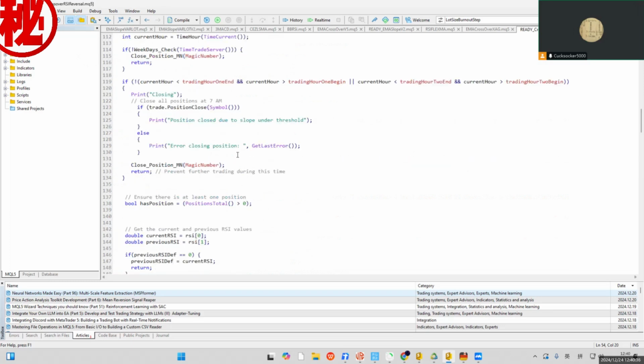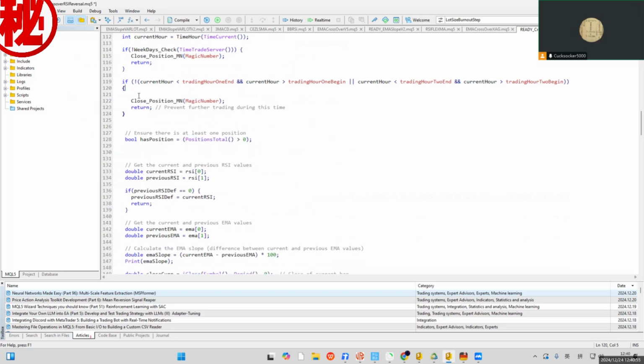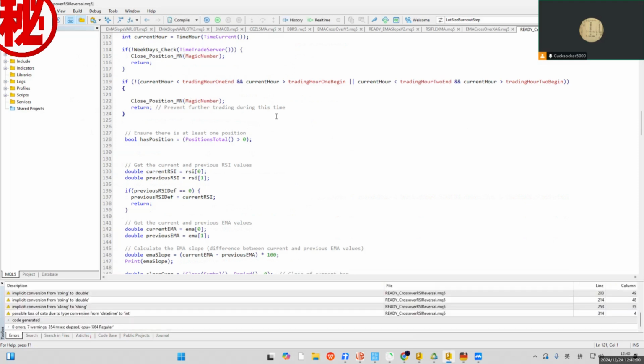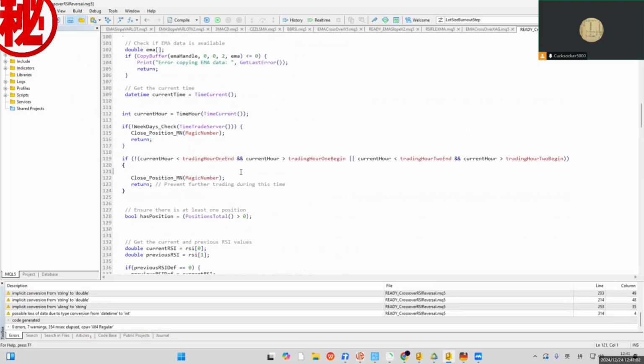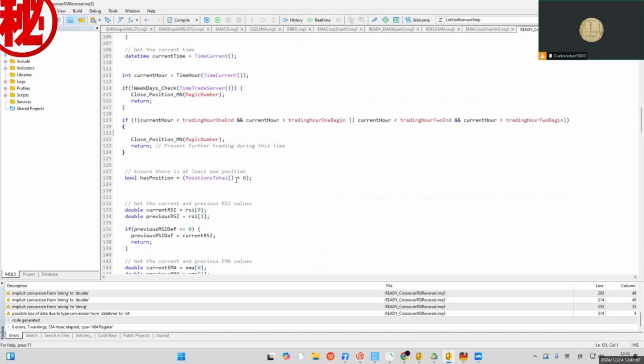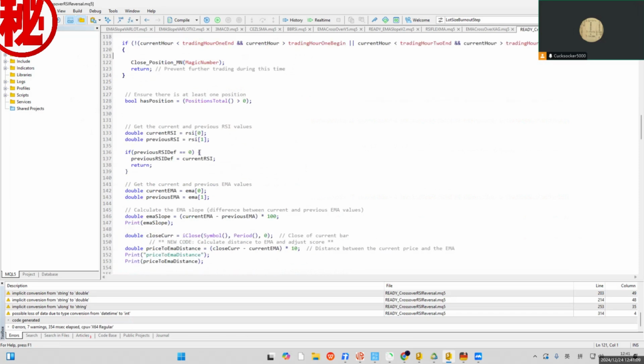But I'm probably not going to use this, because it closes all the trades without the magic number. So I'm going to remove that line and compile, because that closes all the positions, including the other EAs. I'm not going to do that.